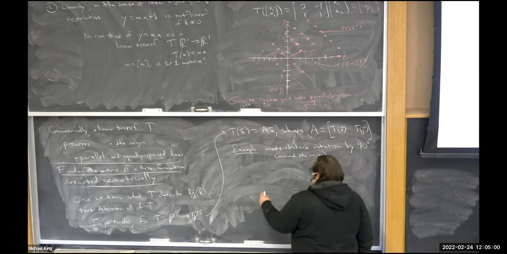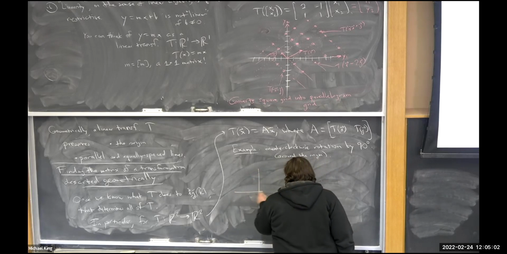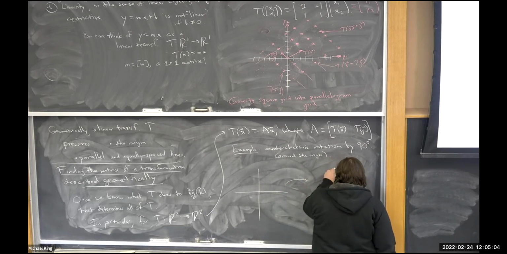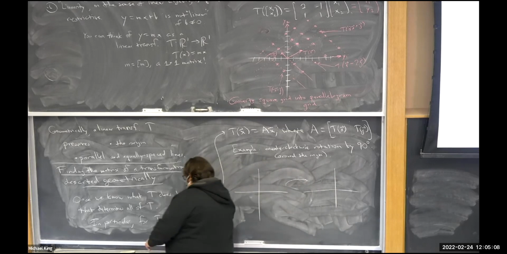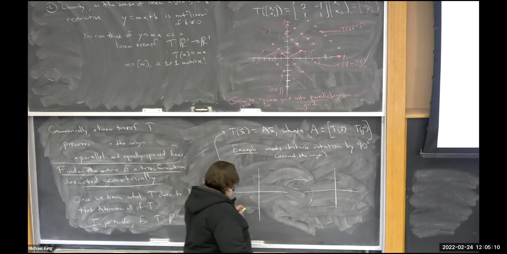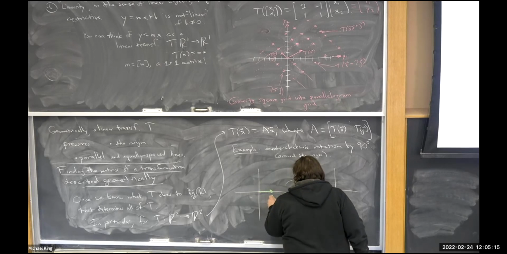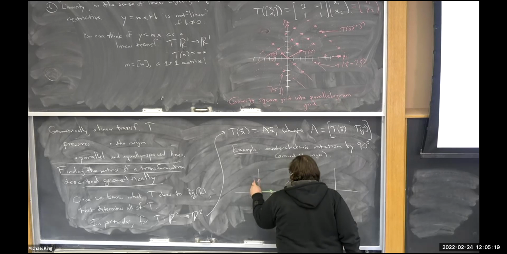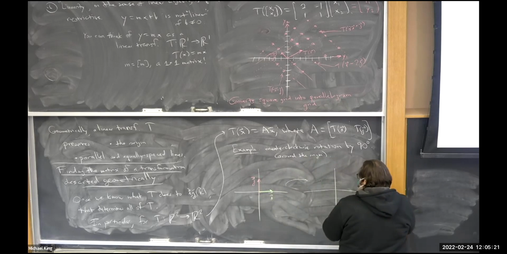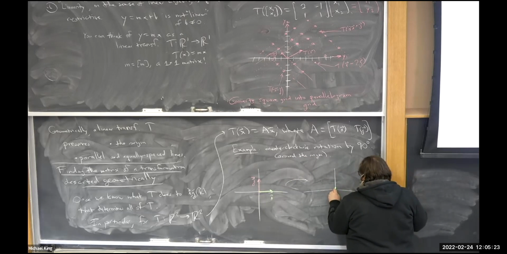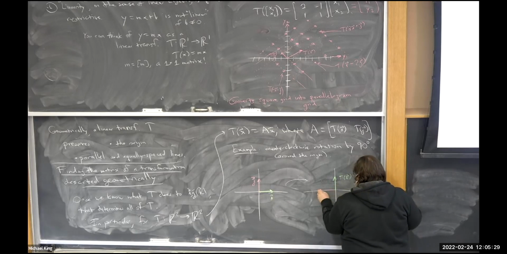And so all you do is say, okay, what happens to i and j? I just draw my domain and codomain copies. Here's i. Here's j. And rotate 90 degrees counterclockwise. There's T of i, and there's T of j, right?